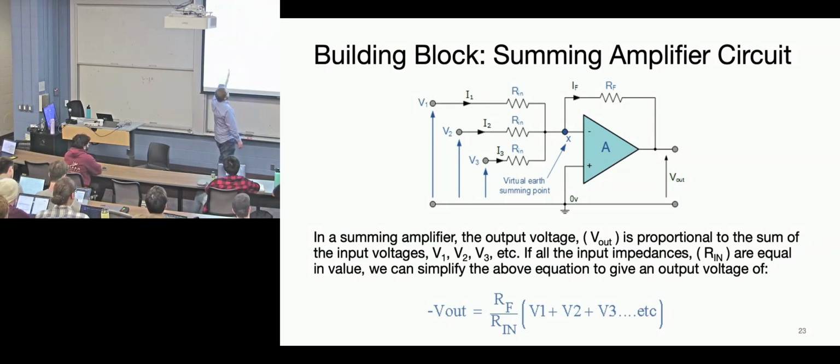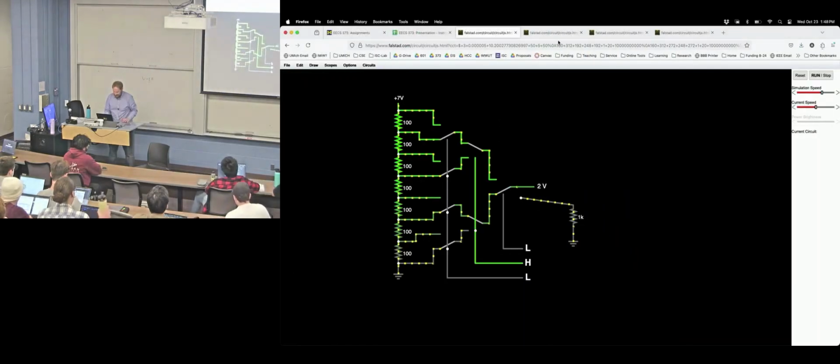Basically, the only idea is that whatever currents are going into it are summed, and it has a proportional current on the output. We can use that, or we can use the resistors to turn the currents into voltages. So all the circuit's going to do is sum the voltages, okay? And that trick, taking currents in, summing them together and creating an output voltage, will allow us to reduce the number of resistors. But let's first get an intuition about how this works.